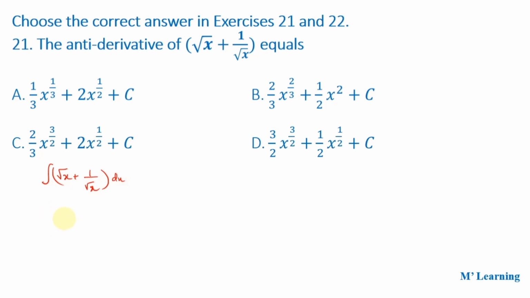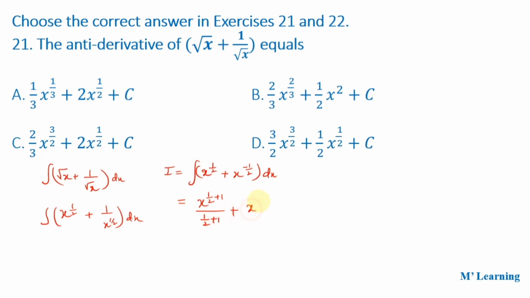So root x हमें पता है root x can be written as x to the power half plus this can be written as 1 upon x to the power half dx. So basically this becomes I equals to integration x to the power half plus x to the power minus half. And now we know the formula because ये है x की power n, तो x की power n का integration होता है x की power n plus 1 whole by n plus 1.